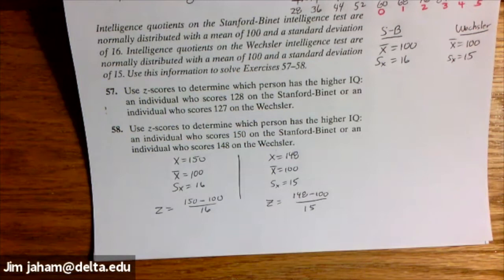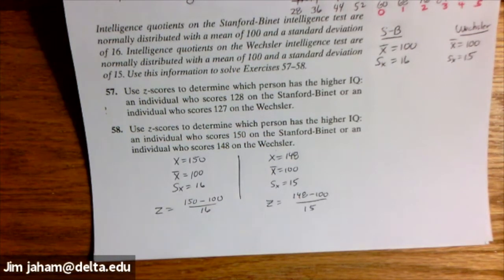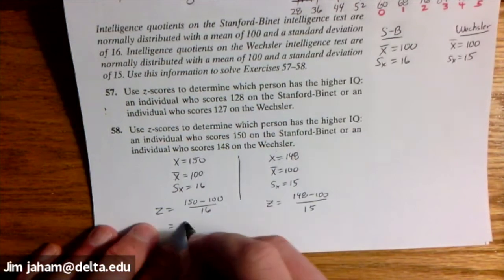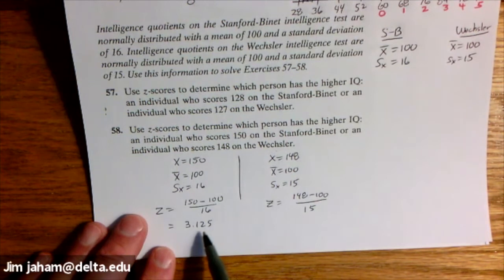All right, so when you take 50 and divide it by 16, you get the z-score of 3.125. This would mean that this person is very, very smart because they're more than 3 standard deviations above the mean, and only 0.15% of all humans are in that range.